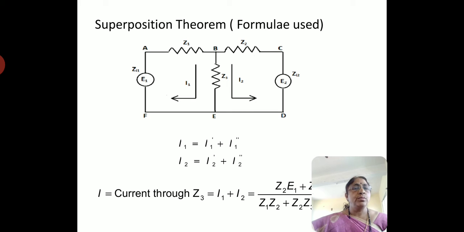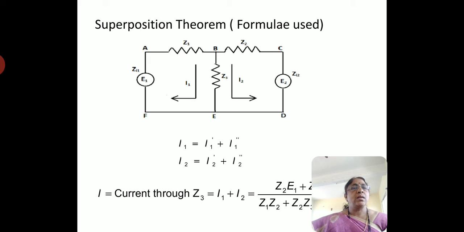Therefore, the current through Z3 is I1 plus I2, where I1 is equal to I1 dash plus I1 double dash. I1 dash is the current in the first mesh due to E1 and I1 double dash is the current in the same first mesh due to E2. And I2 is equal to I2 dash plus I2 double dash.